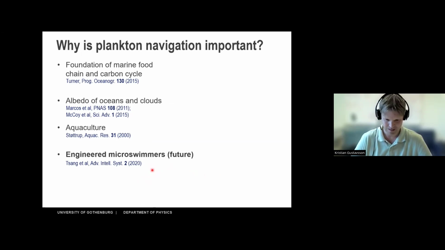You can mix chemicals or medicines, or you can clean up biohazards or oil spills and so on, or you can use such smart engineered swimmers to change the rheological properties of a flow. So the applications are endless once the experimentalists manage to engineer artificial swimmers similar to the plankton. Okay, so that was some motivation for why we want to study plankton navigation.